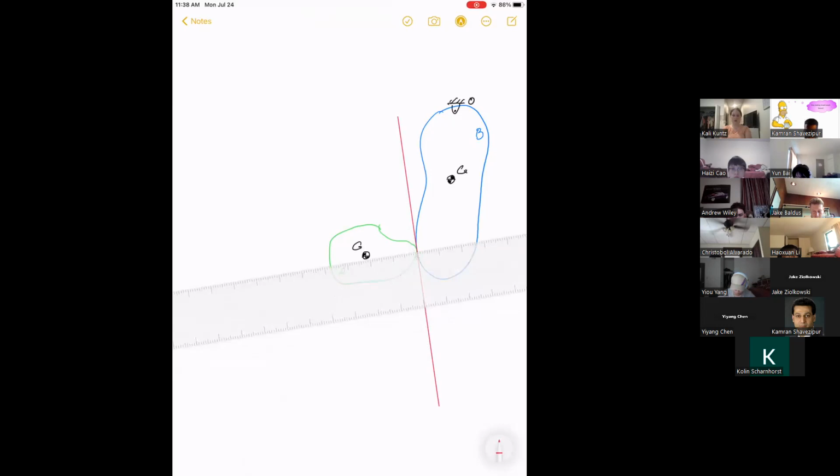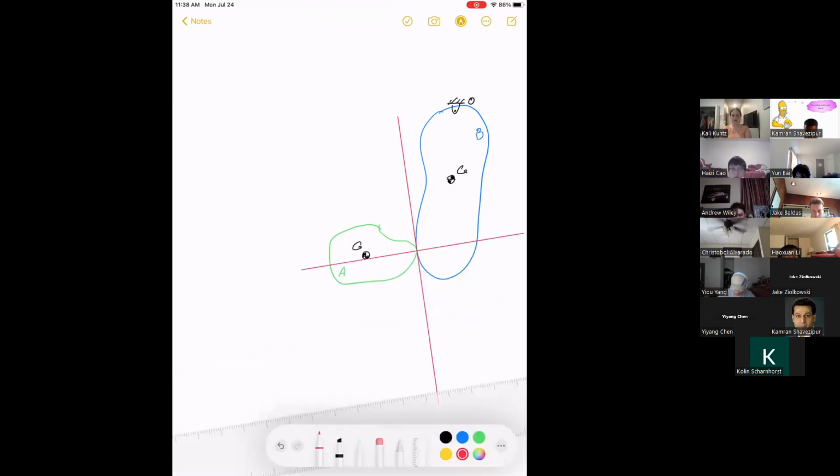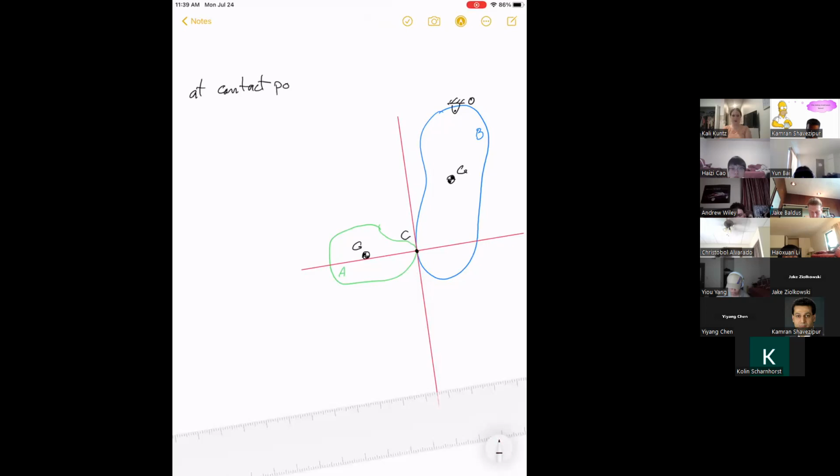And we call this point C. This is the contact point C. Definitely, at contact point C, there will be large impulsive forces.